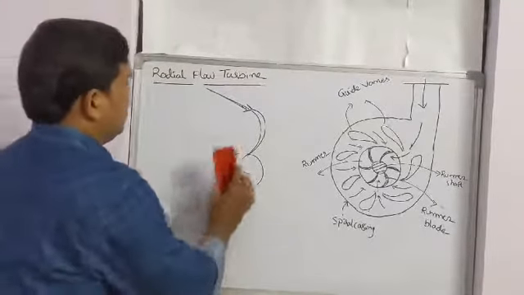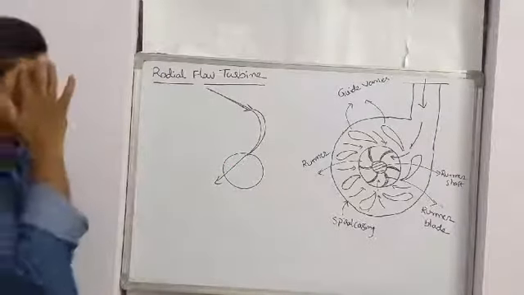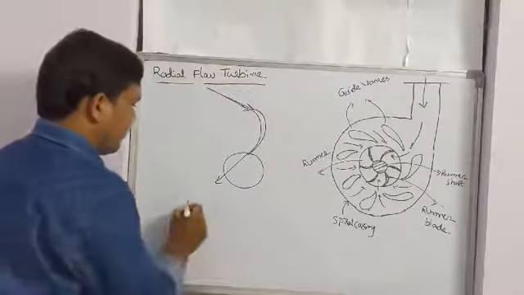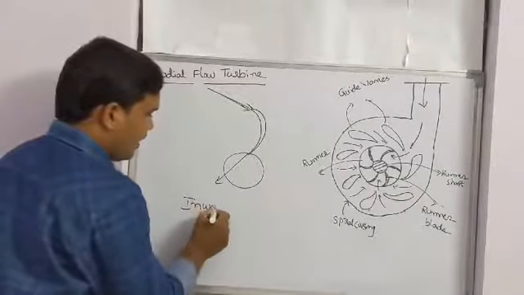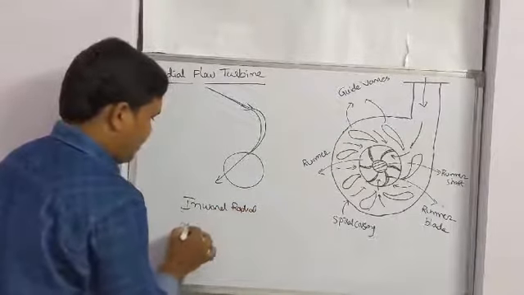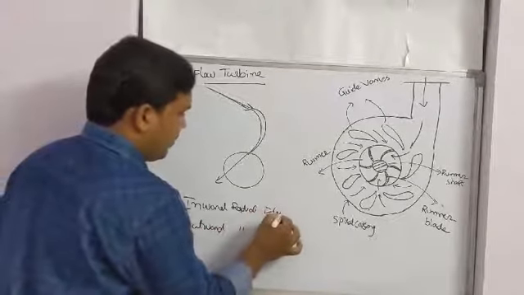The radial flow turbines may be of two types. In the previous class we discussed the different types of radial flow, that is, inward radial flow and outward radial flow.